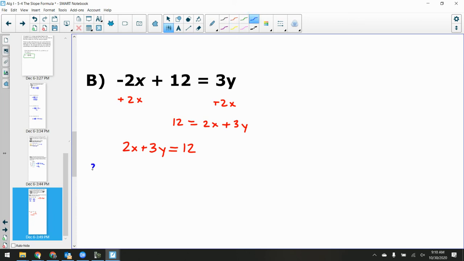Find the intercepts. 2x is 12, so x is 6. 6, comma 0. 3y is 12, so y is 4. 0, comma 4.